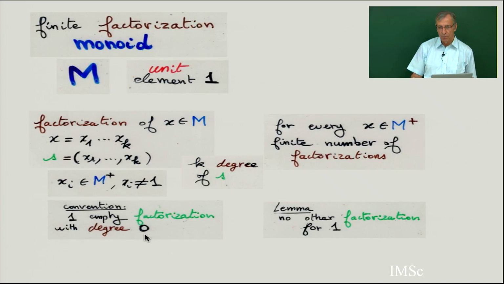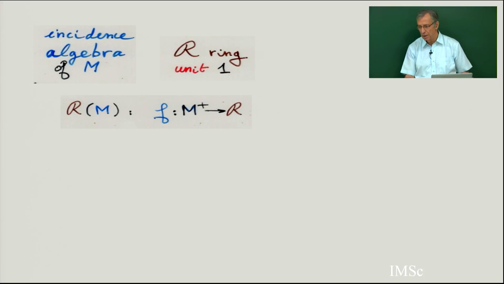Now, analogous to poset, I define the incident algebra of the monoid. Again, I take a ring with unit element equal to 1, and I take the function f from the monoid, non-zero element of the monoid, to the ring. All the function from the monoid to the ring. M plus is non-zero element.